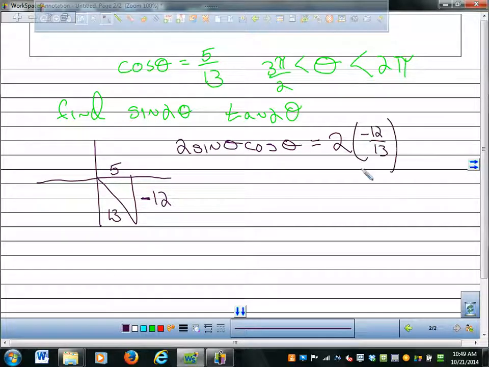And cosine of theta is 5/13. They give you that. And then you multiply everything together, and you get the answer. 2 times negative 60 over 169, which is equal to negative 120 over 169.